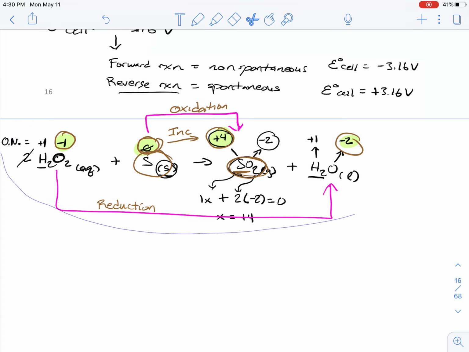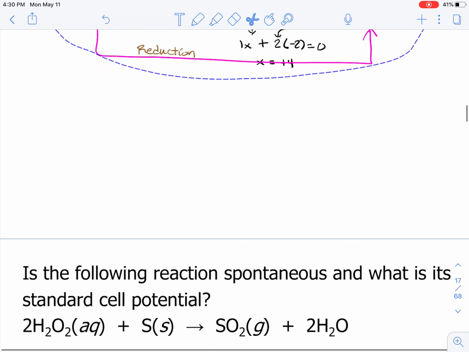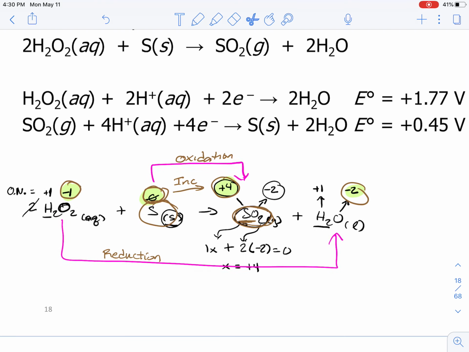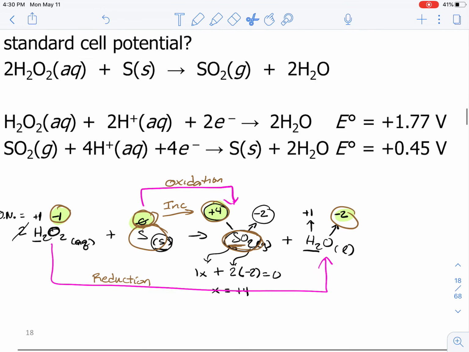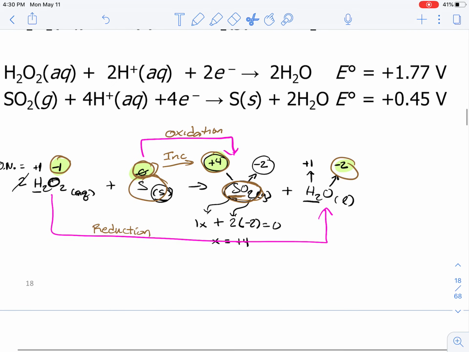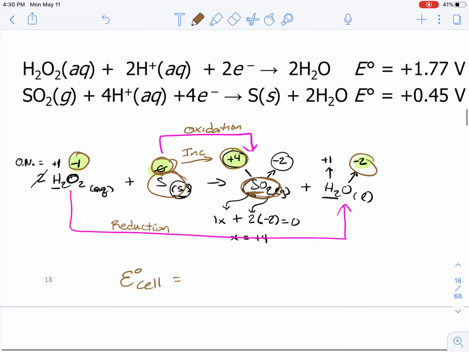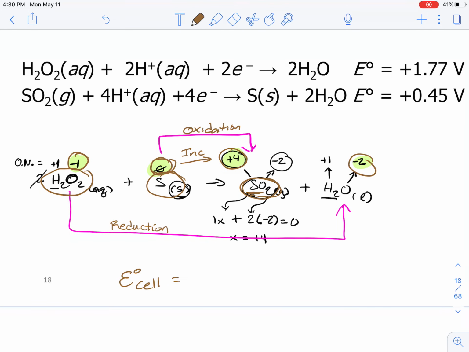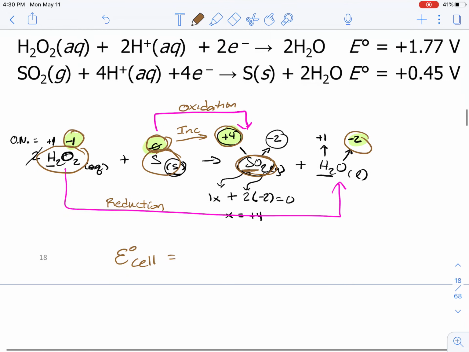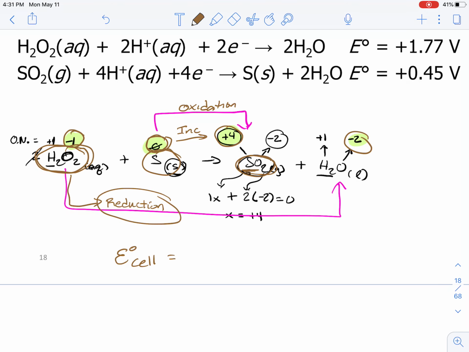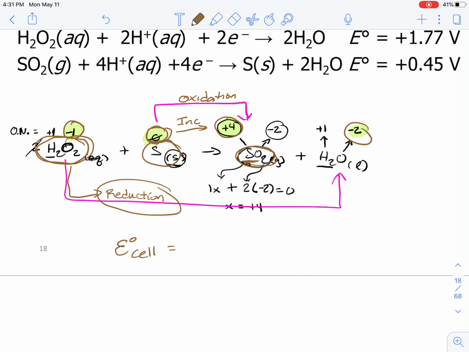The standard reduction potential for hydrogen peroxide is going to go in the front of this equation, because hydrogen peroxide is going to undergo reduction according to my oxidation numbers. So that 1.77 volts is going to go in the front.